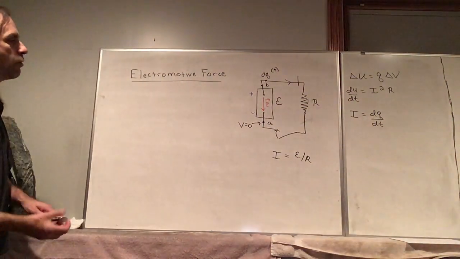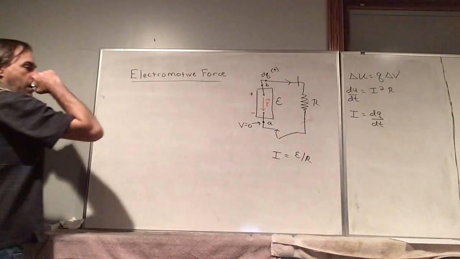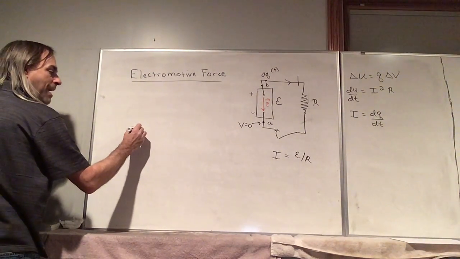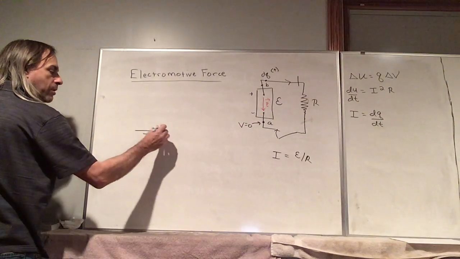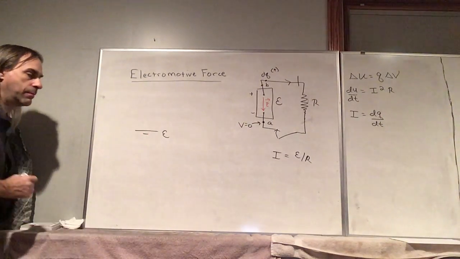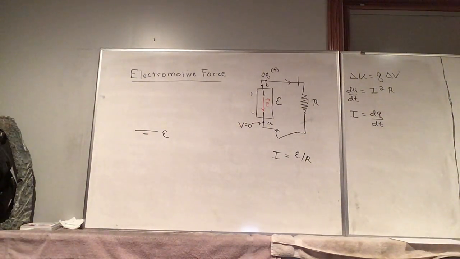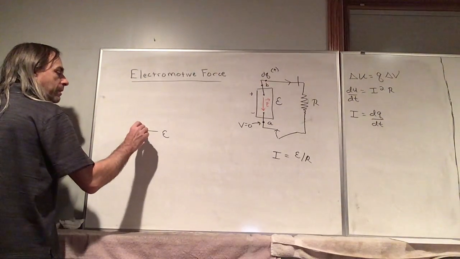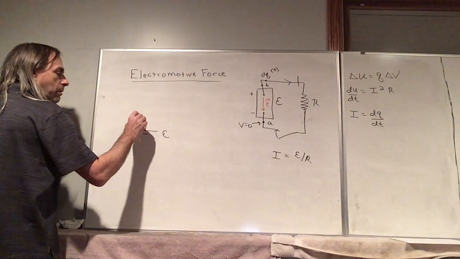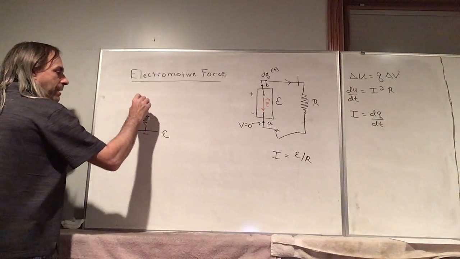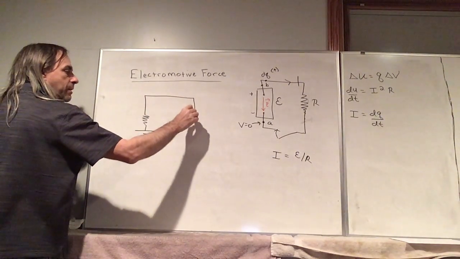And we can model a battery this way. The EMF of the battery is going to be constant. So a battery has a certain EMF. Like if you have a 1.5 volt battery, that is the EMF regardless of the age of the battery. But we say the battery has an internal resistance.